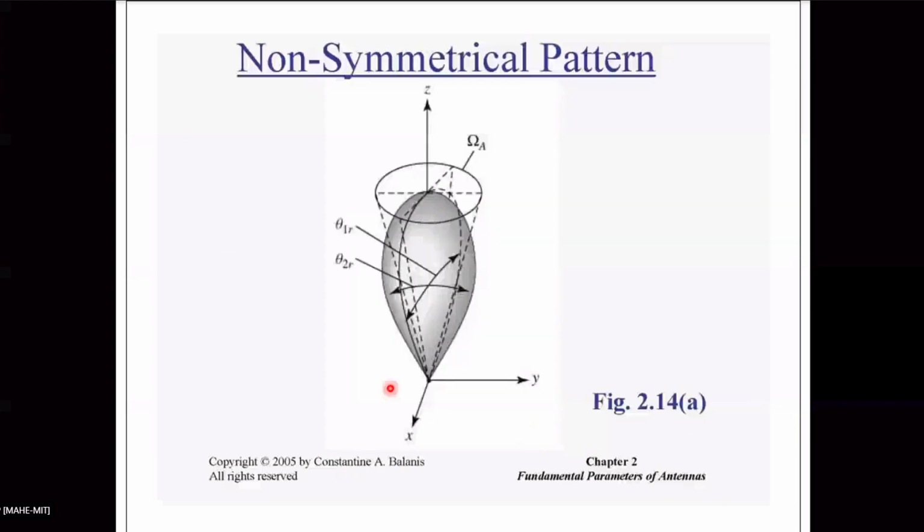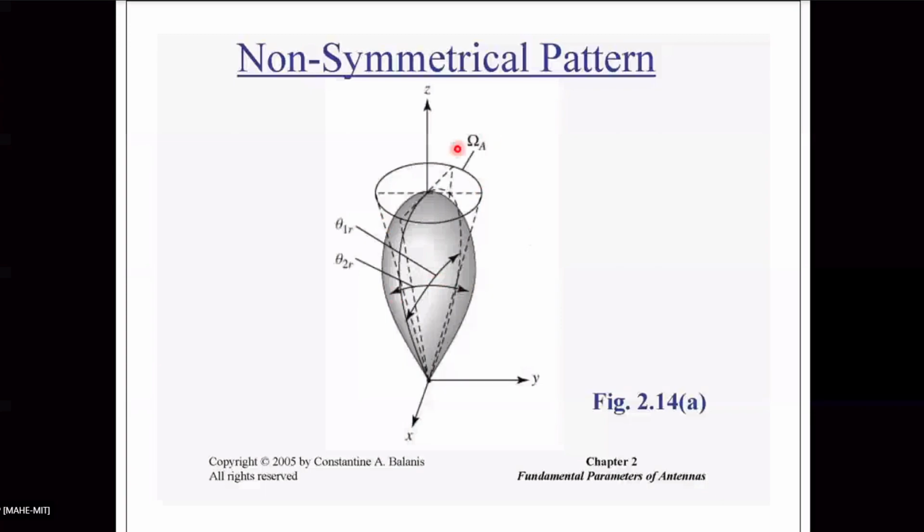Now these are the two perpendicular planes you can see here. This is omega A. So omega A is nearly equal to theta 1r into theta 2r. One is this perpendicular plane, another is this perpendicular plane, and in both you get the half power beamwidth, theta 1r and theta 2r.